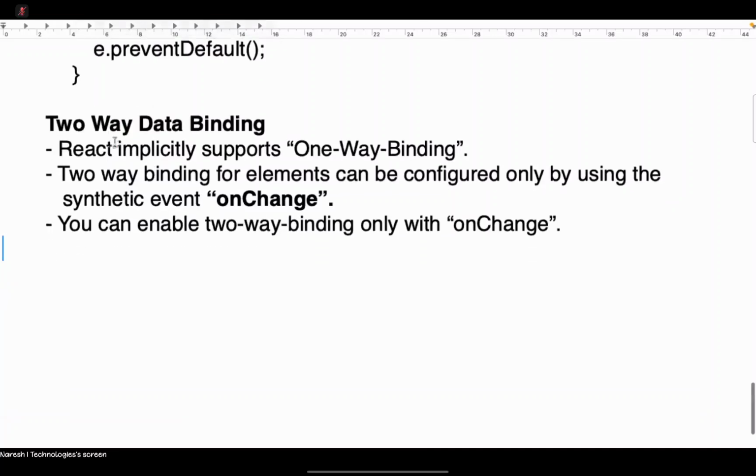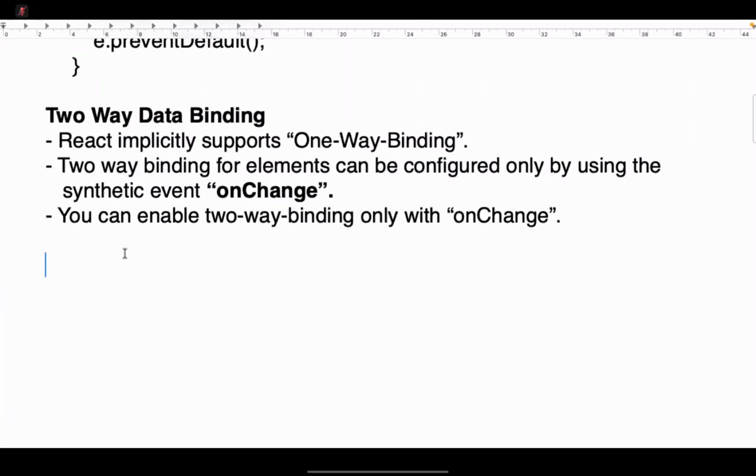On change. So here, remember, you people may ask, then what is the use of other events? On key up, on blur. Remember, on key up, on blur, other events are used to perform other operations on the data. But collecting data from an element can be done only by using on change.